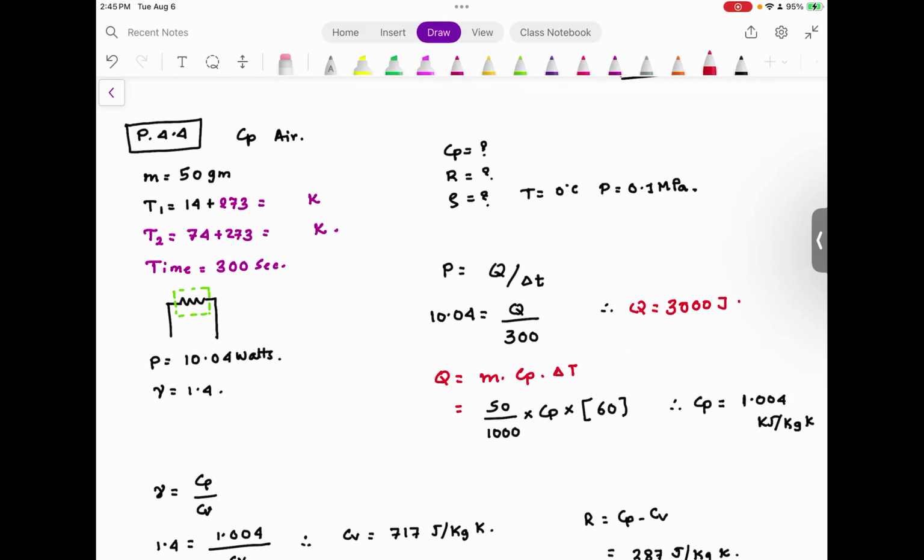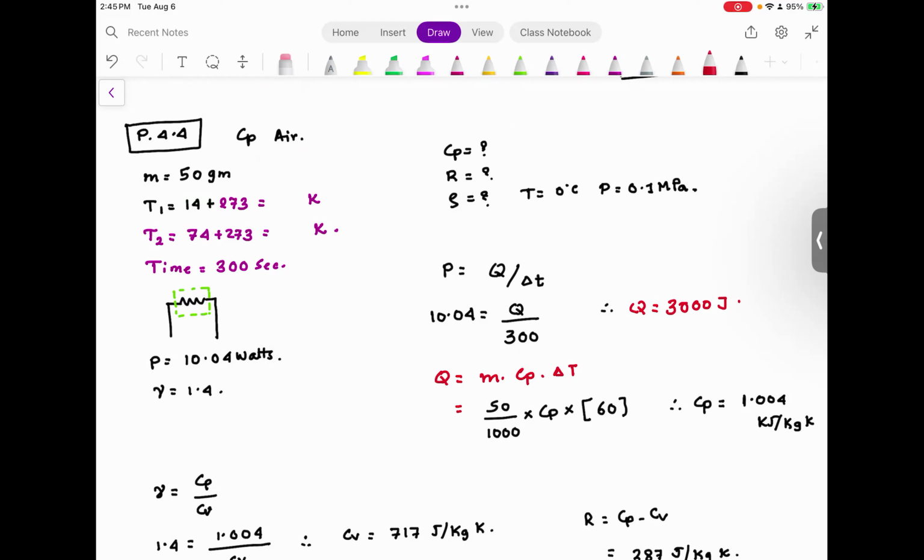Now, what you do is you measure the amount of power that is supplied to the resistance heater. The way you measure the power is you take the voltage, multiply that by the current, and then measure the amount of time that the resistance heater was turned on. So the resistance heater had some voltage, some current.